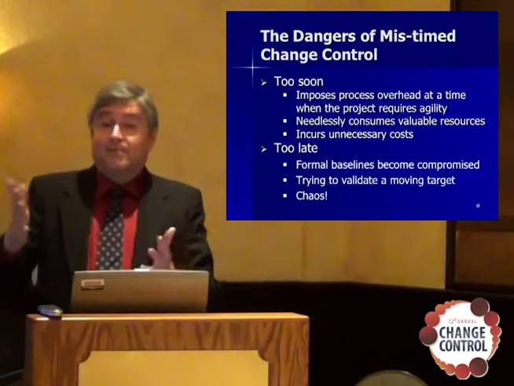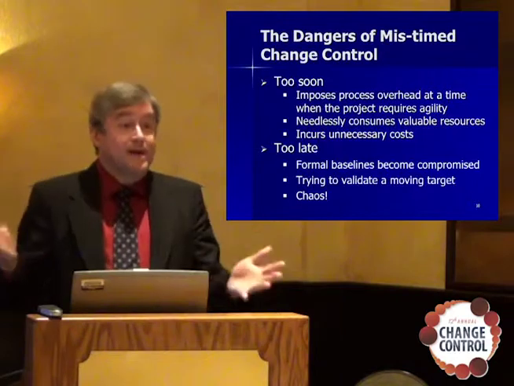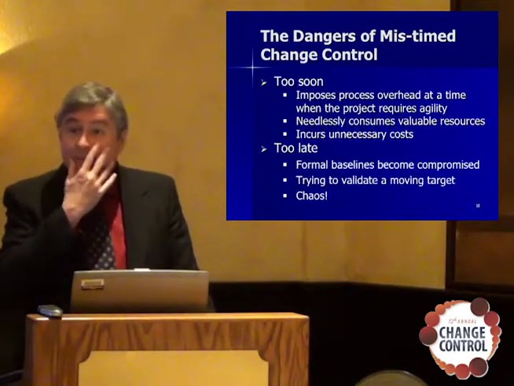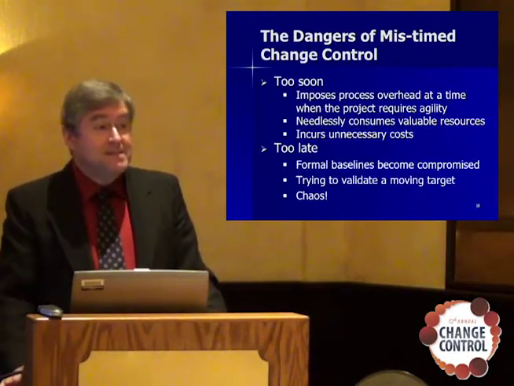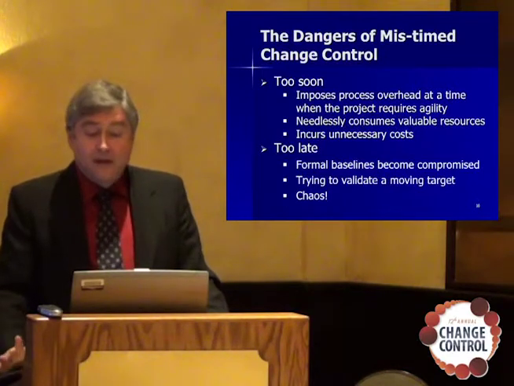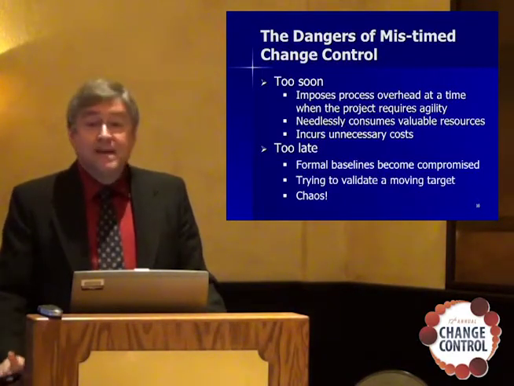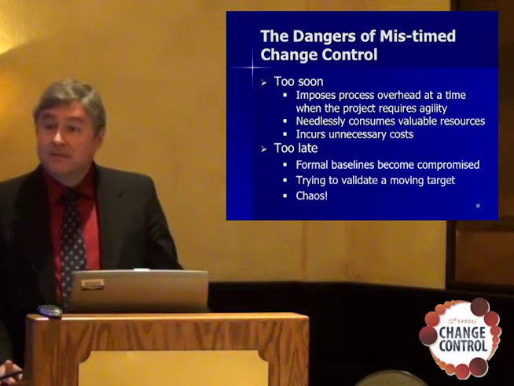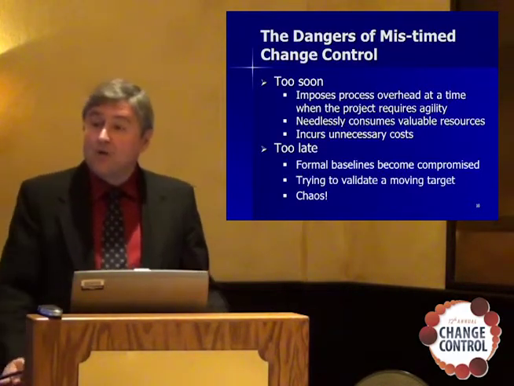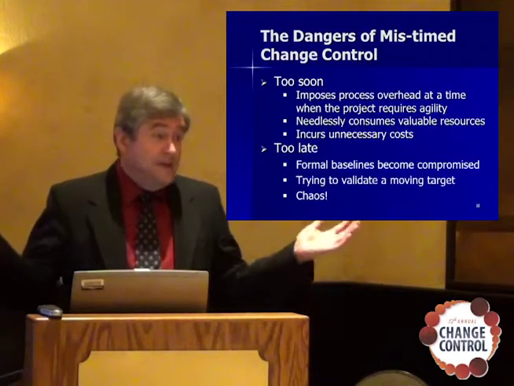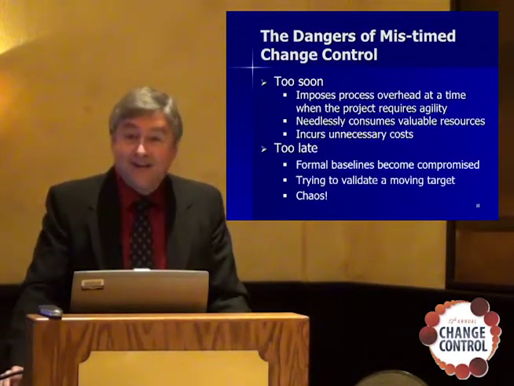For software, it might be revision 1.0 as a baseline. But once you establish a baseline, and you don't have formal change control in place, that baseline becomes compromised because the changes to it are not recorded, not controlled. All of a sudden, your baseline is not a baseline anymore. It's gone.